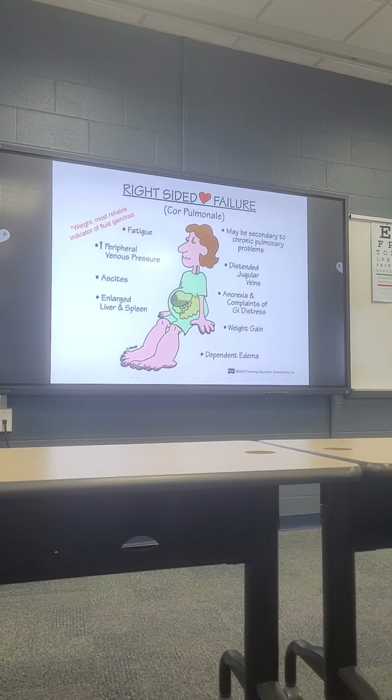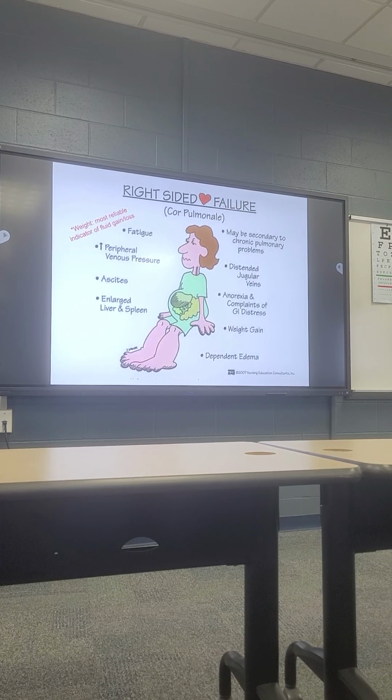So we're going to have an enlarged liver or enlarged spleen. So they'll have ascites, edema, jugular vein distension, anorexia or GI problems, and weight gain. So you'll need to know the difference between these two.